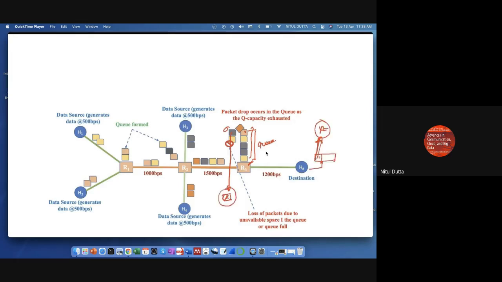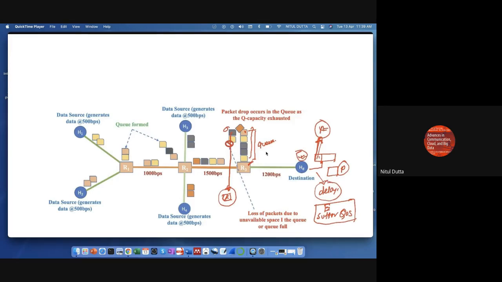If packets drop in the network, the destination might be waiting for a certain packet, and that packet has not arrived so far, so it has to wait, which leads to delay in processing. If delay in processing occurs, users experience degraded quality of service. Degraded quality of service is definitely not acceptable to the end users.